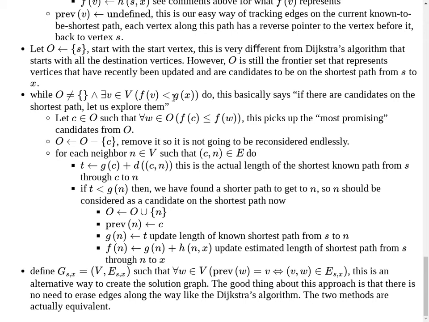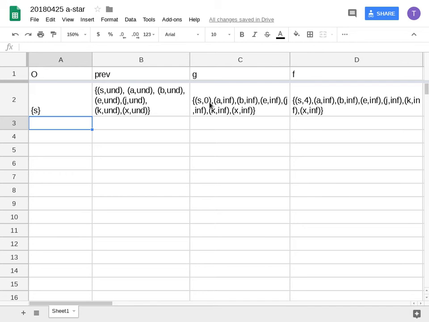The F value is less than the G value, or G of X to be specific. Okay. No. So I was wrong. I didn't read the question carefully. It's G of X. So G of X is infinity. F of S is 4. 4 is less than infinity. So we got hope. Is that okay?